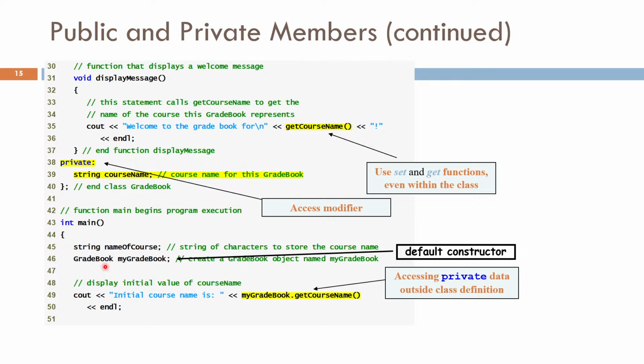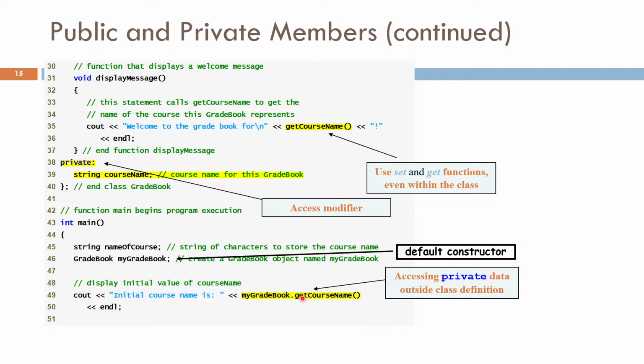Now, in our main function, we have string nameOfCourse here just being an input placeholder for our input string, and we create our myGradebook object of the GradeBook class type. We can grab the course name here by saying our initial course name is myGradebook.getCourseName, and that's because we're in the main function.